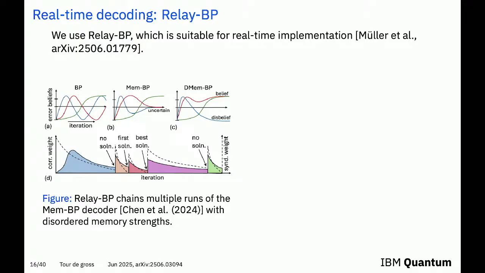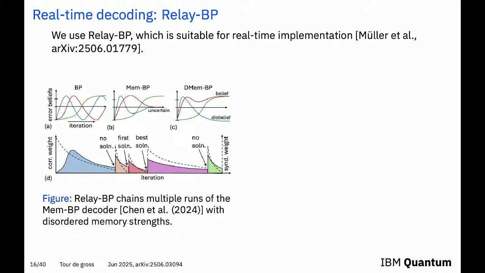So we introduced this relay BP decoder, which is suitable for a real-time implementation on, say, an FPGA or in hardware. And this relay BP decoder improves on previous BP decoders.